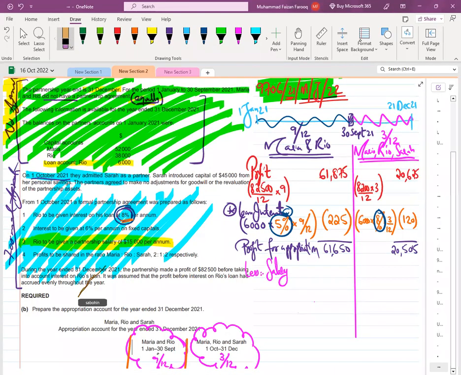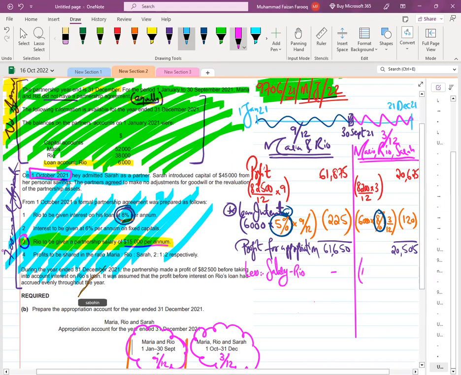In the green highlighted 9 months, there are no salaries at all. But for the remaining period, note number 3 says that, after 1st October, only 3 months, Mr. Rio is getting a salary of 15,000 per annum.